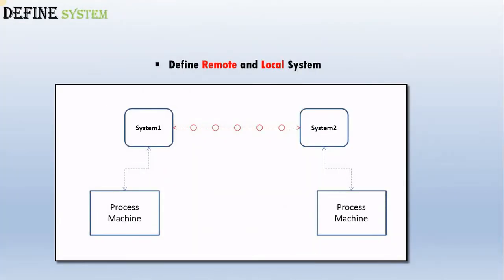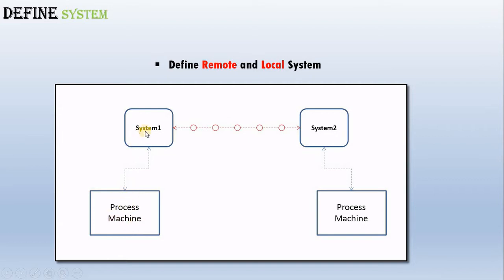For the sake of our video today, we'll call them one remote and one local. Regardless of whether your system talks to 10 or 15 or 100 other system components, at the end of the day, system 1 is communicating to system 2. System 1 is connected through hardwired input-output to your machine or your process.